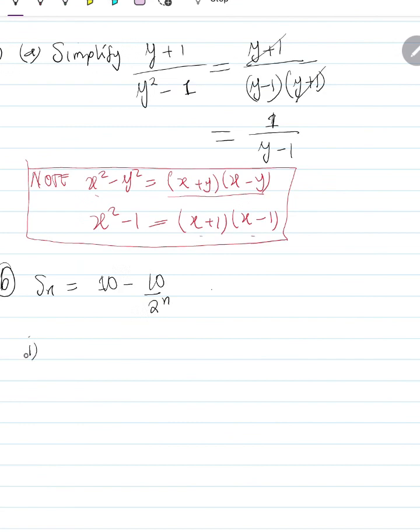So here we have already been given that the sum of the n terms is given by 10 minus 10 over 2^n. Now the question is, find the sum of the first 4 terms of the geometric progression.